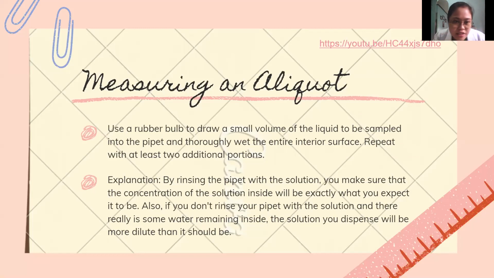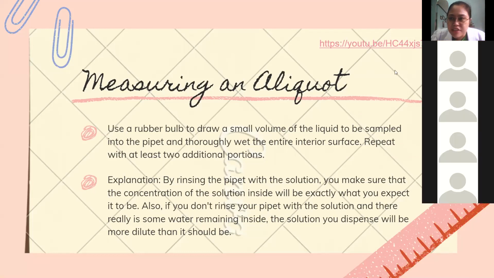So ang procedure na to is this one, yung use a rubber bulb to draw a small volume of the liquid to be sampled into the pipette. And diba, it thoroughly wet the entire surface. And then repeat with at least 2 additional portions. So mani siya tong first part in using the pipette wherein we will draw a small volume of our liquid to be sampled. And then diba, i-tilt nato ang atuang pipette and then i-roll until all the interior surface of the pipette will be wetted with a solution.